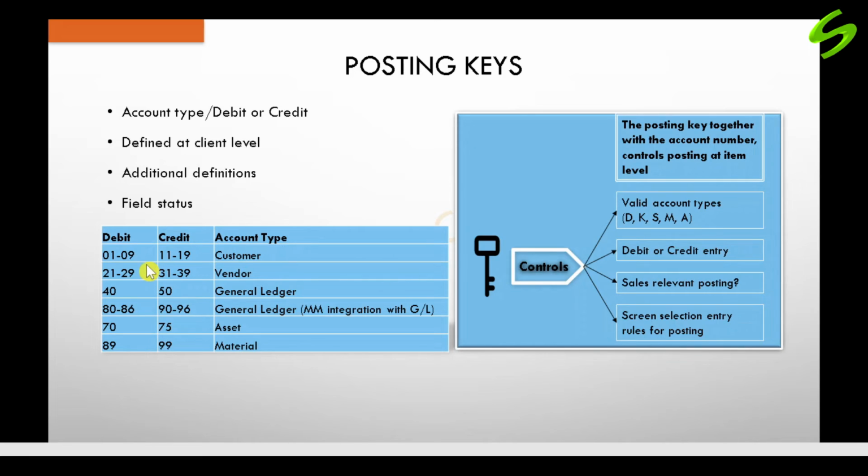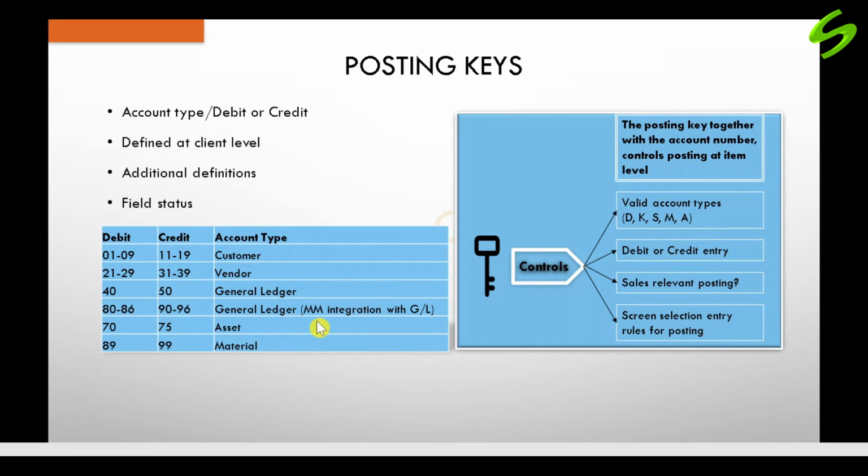You can have a look at the posting keys for debit and credit for each of the account types. For example, debit posting keys for customer are 01 until 09 and credit posting keys are 11 till 19. For vendor, the debit posting keys are from 21 to 29 and credit posting keys are from 31 to 39. For general ledger, the debit posting key is 40 and the credit posting key is 50.